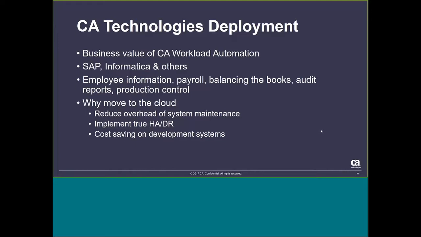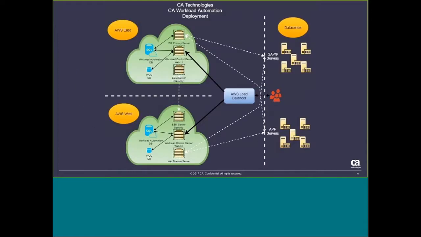By having the development systems in the cloud as an infrastructure as a service, we're able to bring up machines and pay for them when they're being utilized, not when they're turned off, not when they're not being utilized, or not when they're deleted and we want to create a new system. So these are some of the primary reasons why we've moved our workload automation to the cloud.